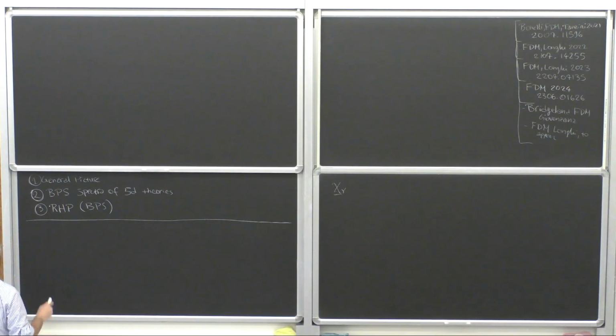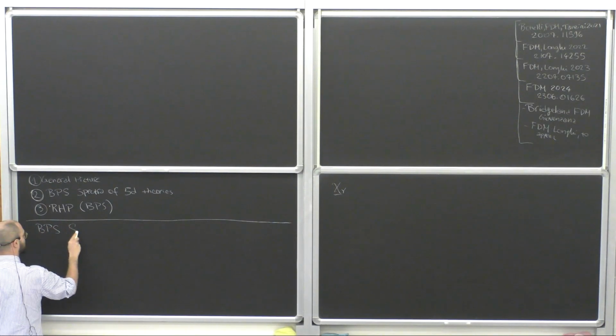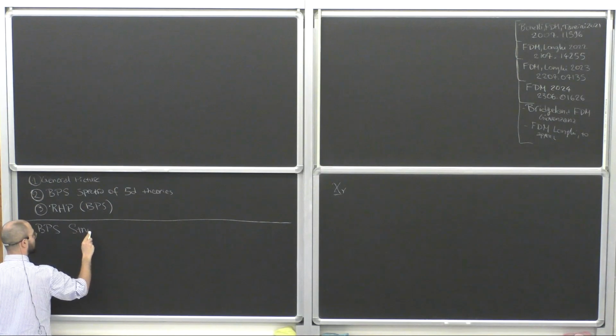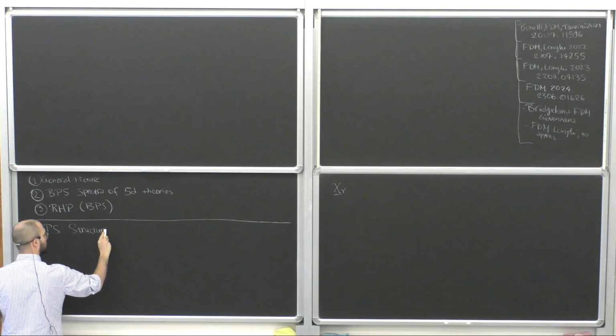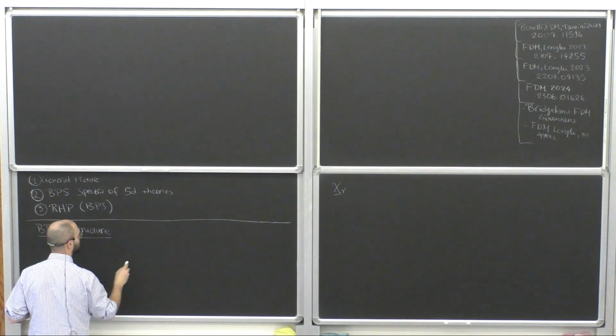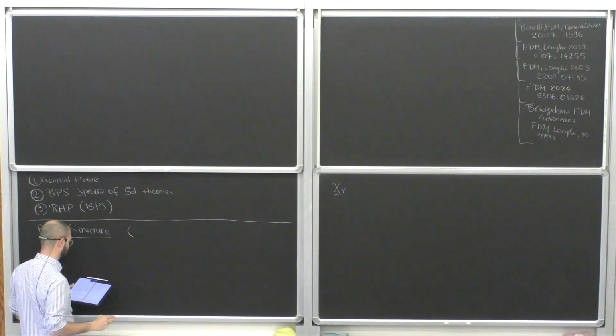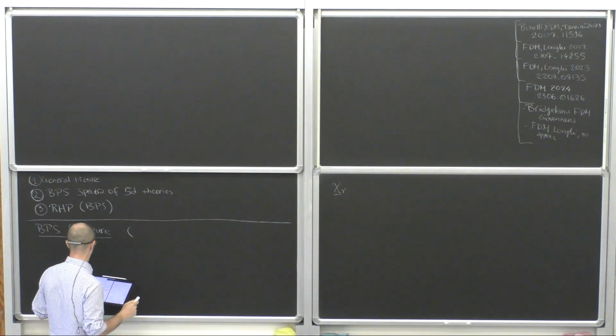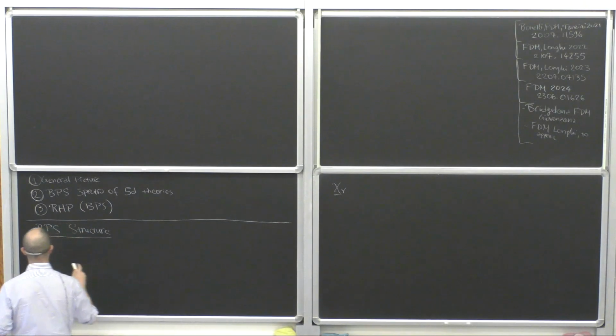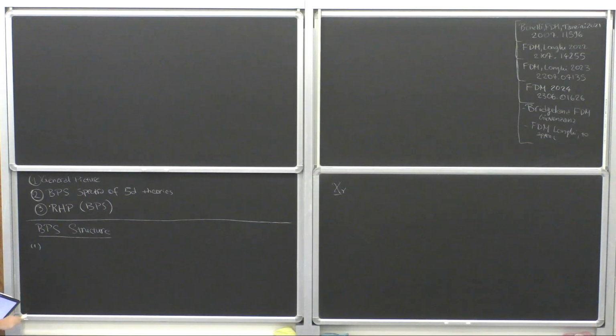But the minimal set of requirements is encoded in what is called the BPS structure. And this is given by several ingredients. So it's kind of a list.